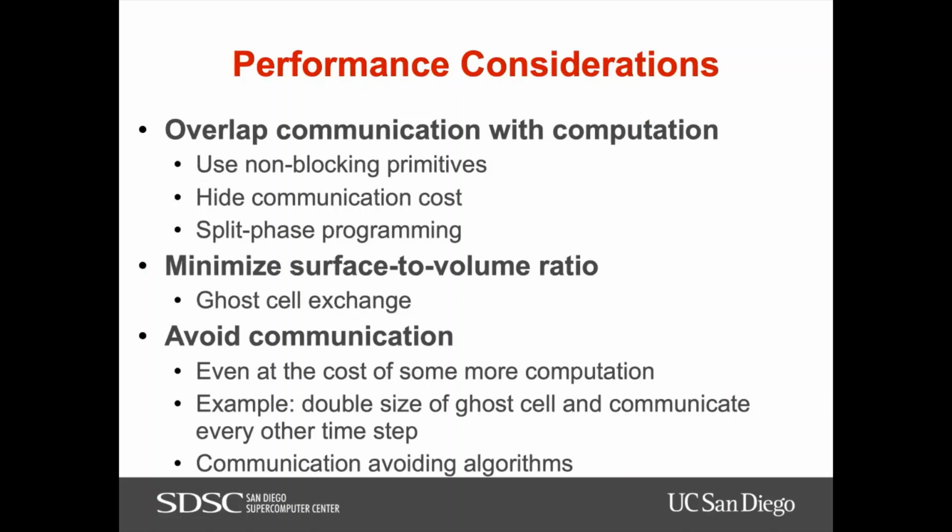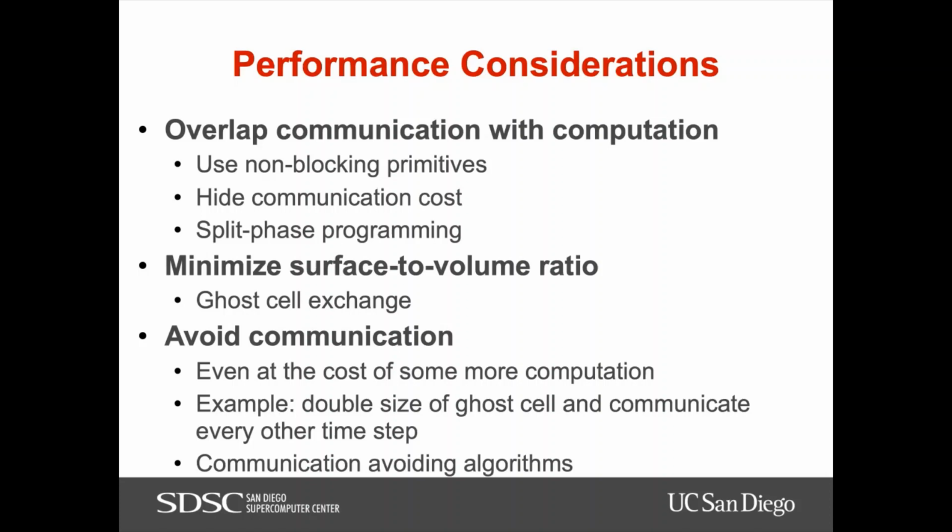So in terms of performance considerations when you do an MPI job, we already talked about overlapping communication with computation. So use non-blocking calls, then you can hide the communication cost, and you can do different parts of the domain while the communication is going on.